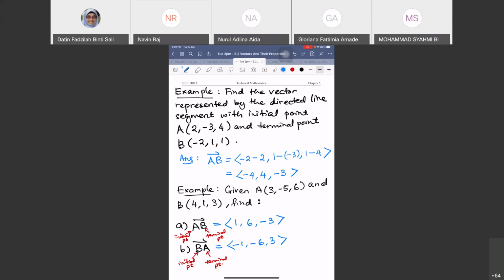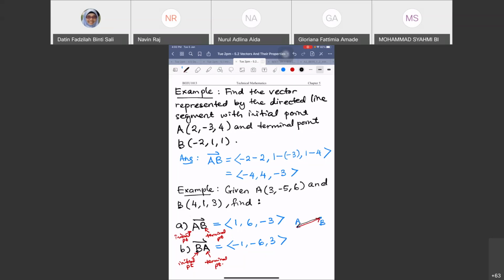Actually, AB and BA, what's the difference? The difference is actually the direction, isn't it? The arrow. It is actually the same length. The only difference is the direction. Let's say this is point A, this is point B, for example. AB means going this way, and BA means it's going this way now.